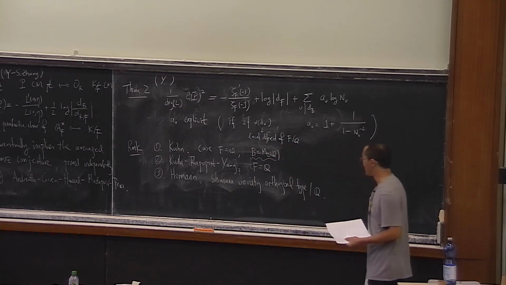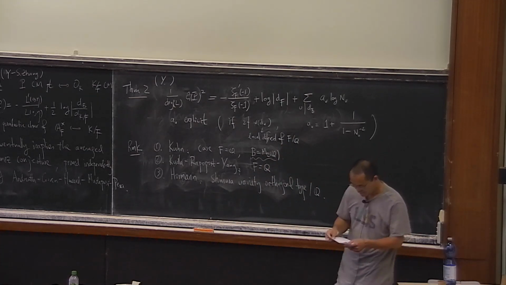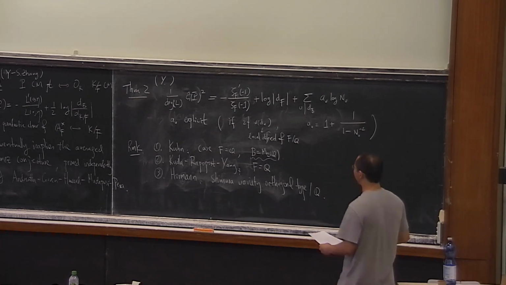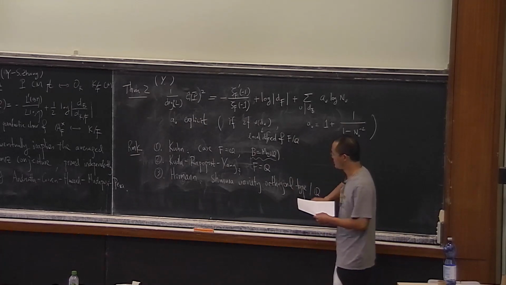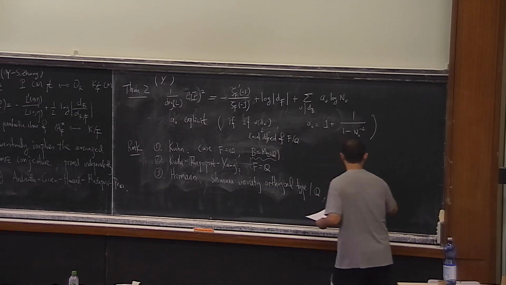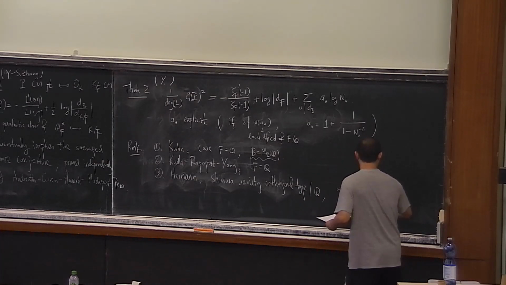So you need O(n,2), following Borger's talk on the classification of Hermitian symmetric domains. O(n,2) over Q. So also up to log p for bad p.